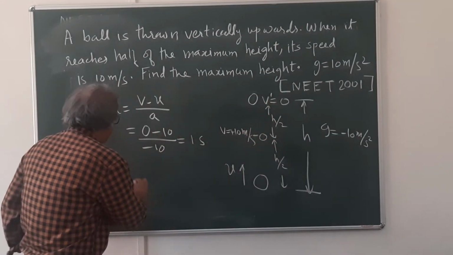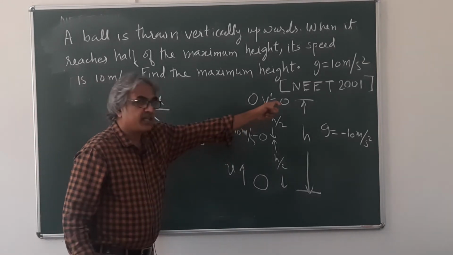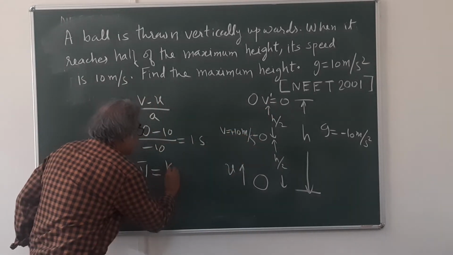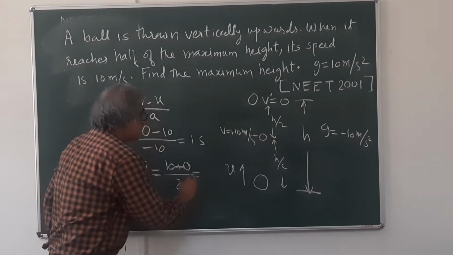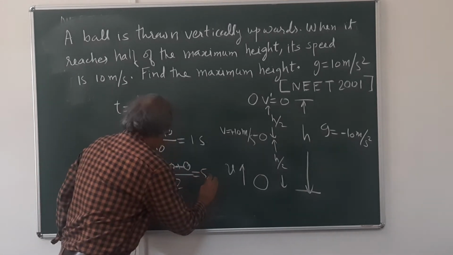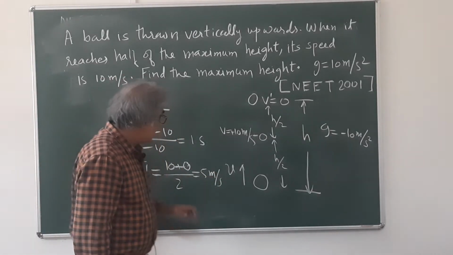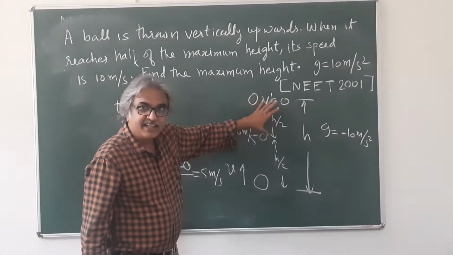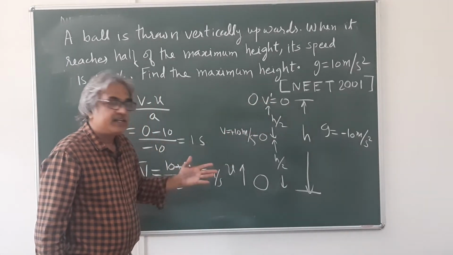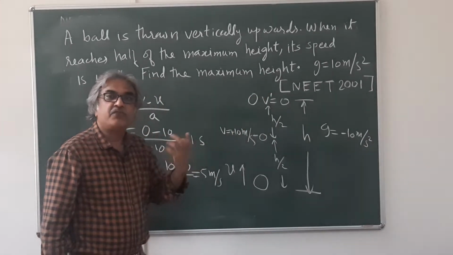So v average is equal to 10 plus 0 by 2, which is 5 meters per second. So average velocity is 5 meters per second, time is 1 second. So in 1 second, how much distance will be traveled? 5 meters per second into 1, that is 5 meters.